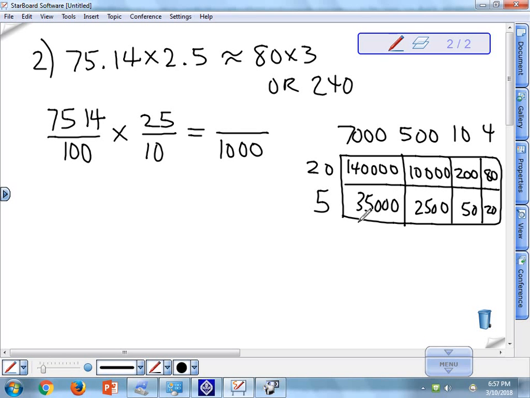And when I do so, I get 175,000 for the first column. I get 12,500 for the second column. I get 250 for the third column. And I get 100 for the last column. And then to finish it off, I add those numbers together. So let me rewrite those.